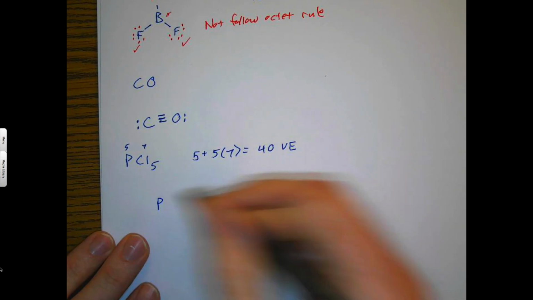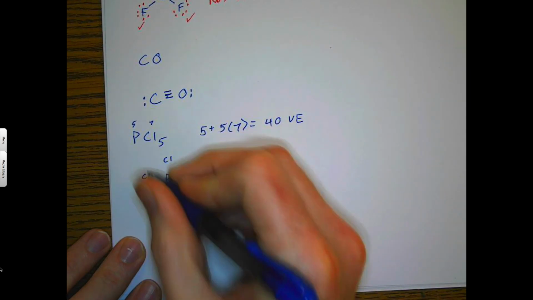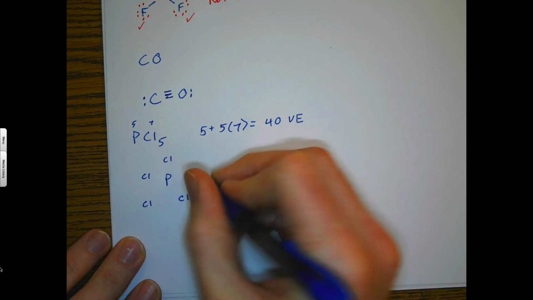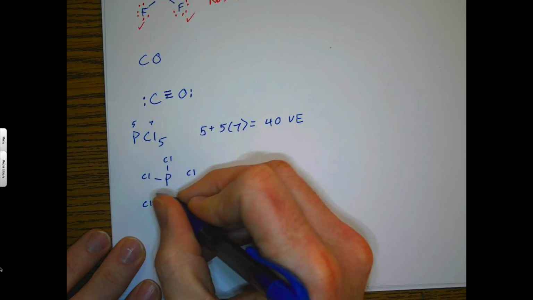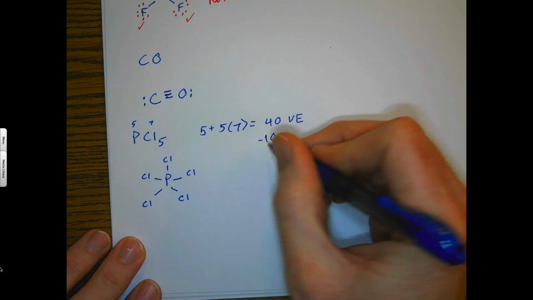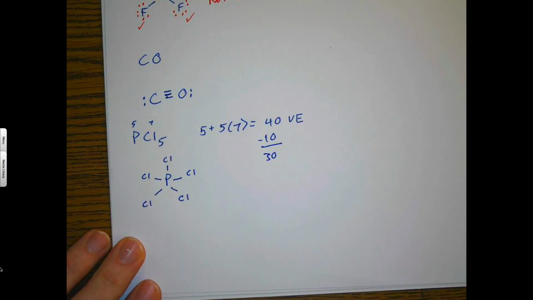So phosphorus goes in the middle, and then chlorines are going to be spaced out around here. We're going to draw 5 bonds, and that was 10 valence electrons. So that is going to be a final total of 30.